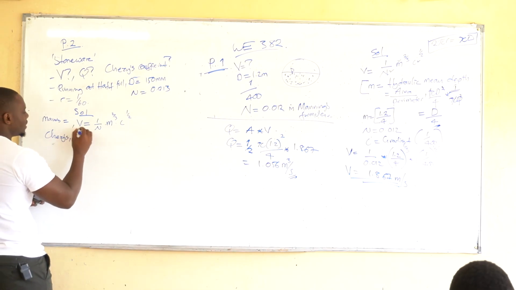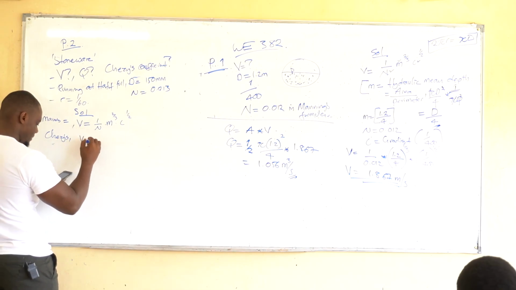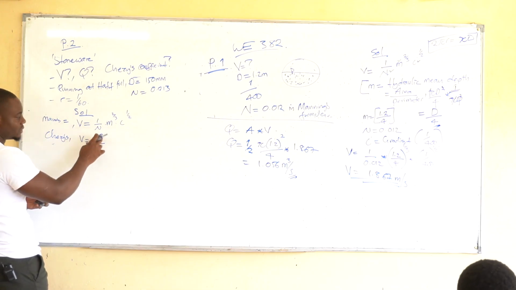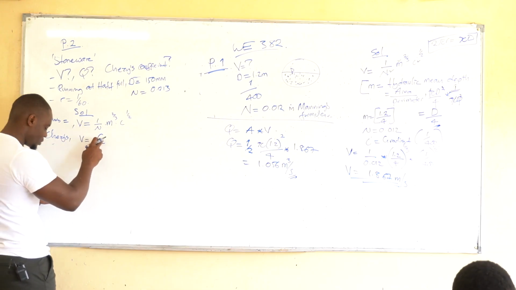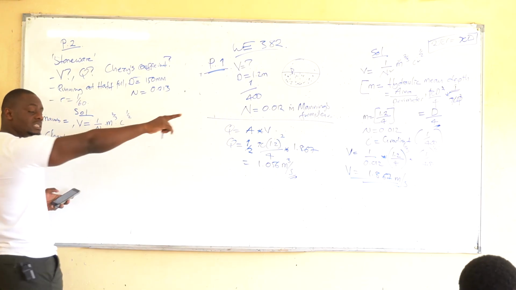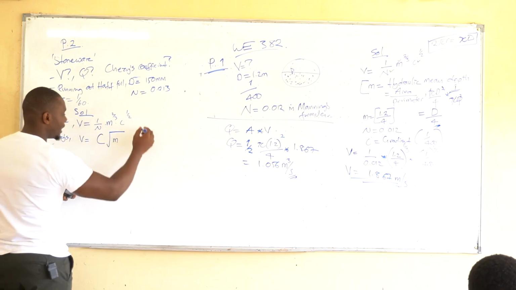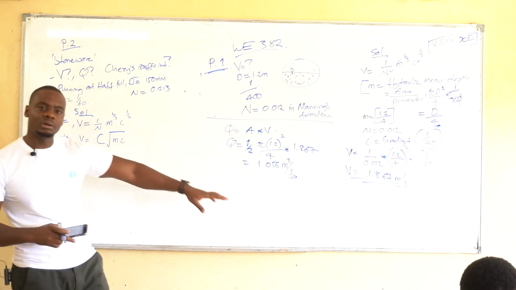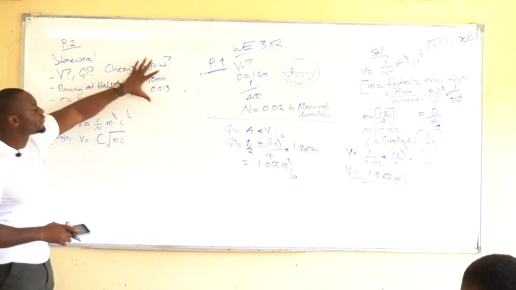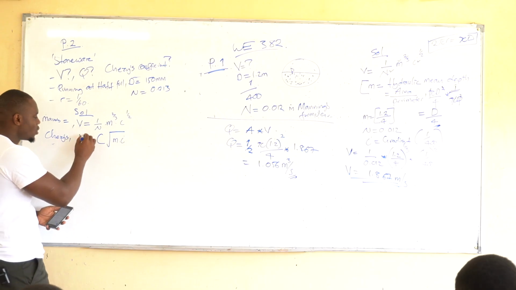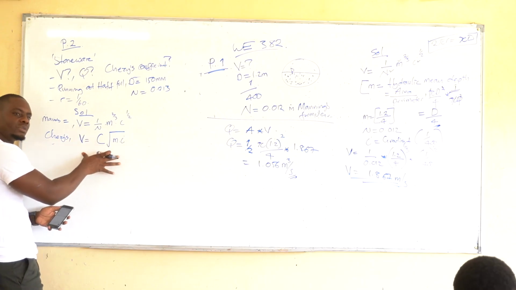It's also a velocity, being equal to Chezy's coefficient, denoted by a capital C, times the square root of M, which is the hydraulic mean depth, and your I, which is just the gradient. From the given data, you can't make use of Chezy's formula. Why?